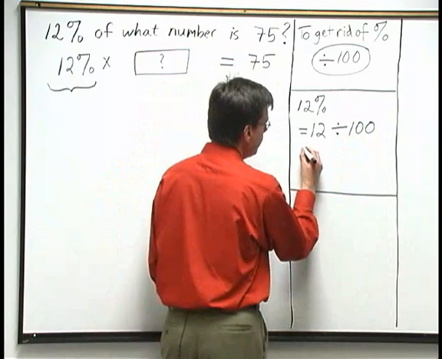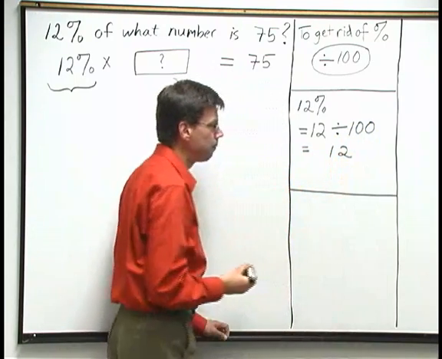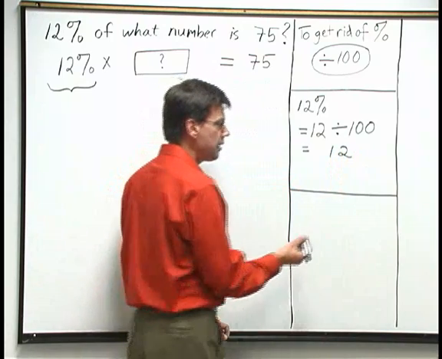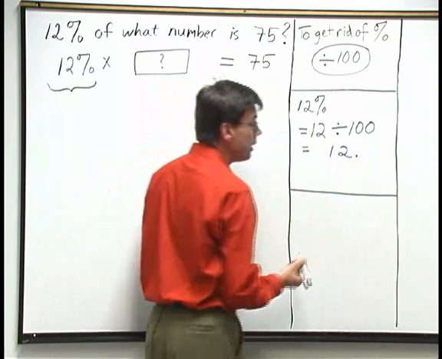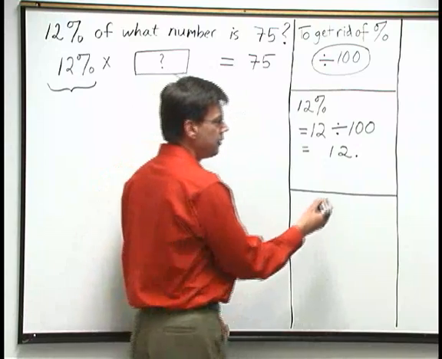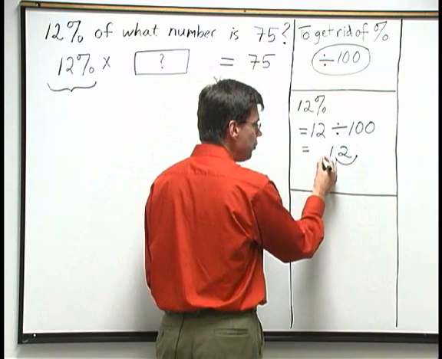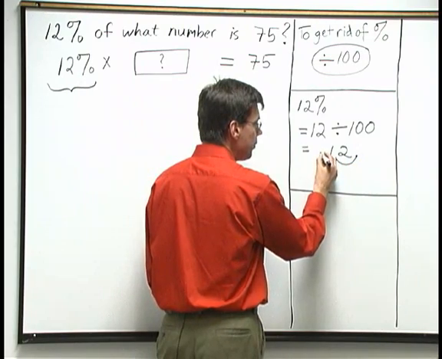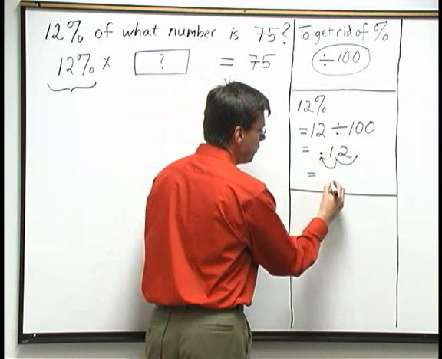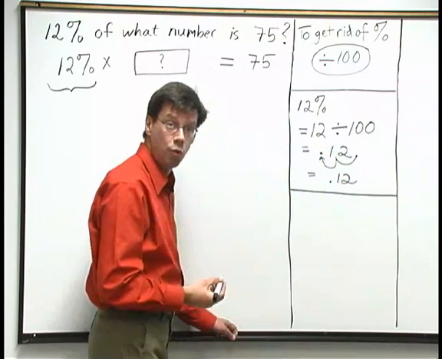One way is to think of 12 as a decimal number and take a shortcut. Now, 12 is a whole number, and any whole number has a decimal point that's understood to be at the right end of that number. Dividing by 100 amounts to moving that decimal point 2 places to the left. So it would end up right here in front of the 1. So 12 divided by 100 is the same as the decimal 0.12.